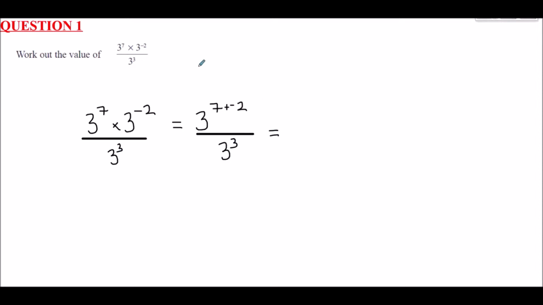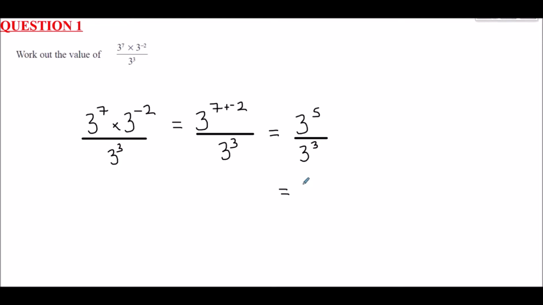So going one stage further, this power of 3, 7 add minus 2 is the same as just 7 minus 2, which is 5. And then we're going to divide that by 3 cubed. Now, when we're dividing involving powers, because dividing is the opposite process of multiplying, instead of adding the powers, we subtract the powers.